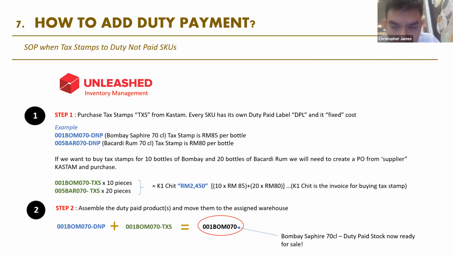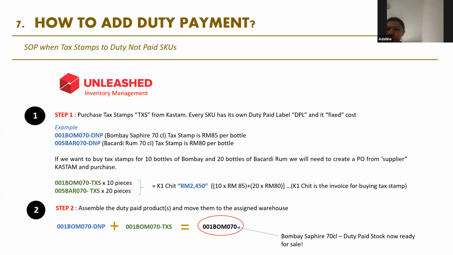So what you do, you take the blue color one, which is the SKU, duty not paid. You add the tax stamp, you press assemble, straight away the DNP will disappear and you will create the SKU to be sold, which will come to the KL office. This will be the SKU that goes into Basuki's warehouse. Is that clear or not?